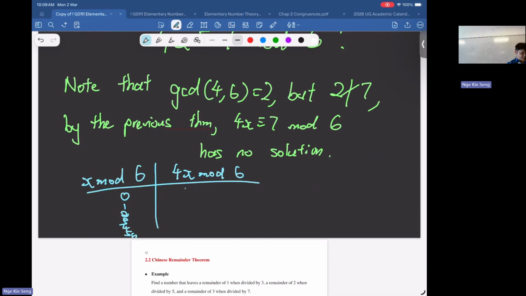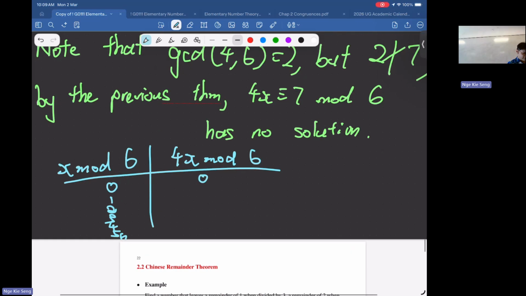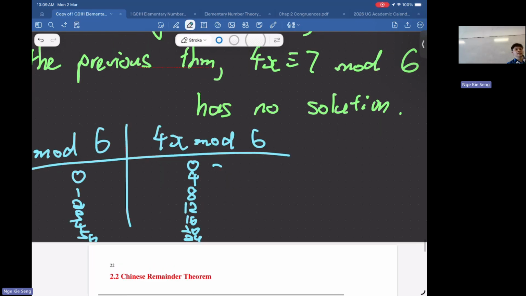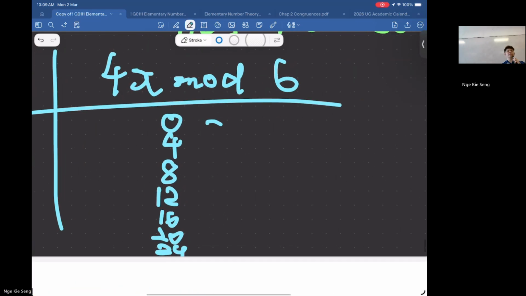Then you compute the multiples of 4: 0, 4, 8, 12, 16, 20, 24. Do you get 7 or not? It doesn't look right, because all of them are even, so it's hard to get a remainder of 1. You can try it out. It's impossible.